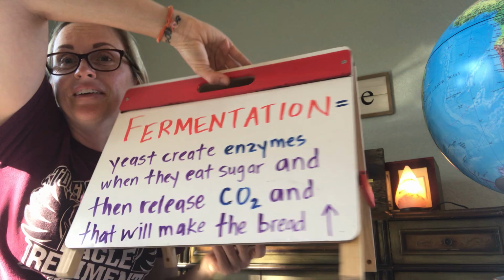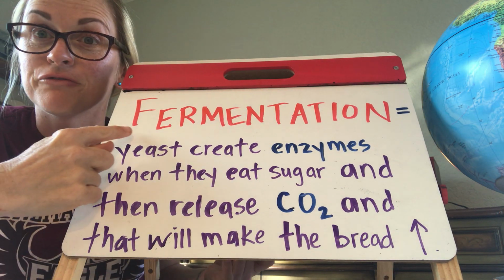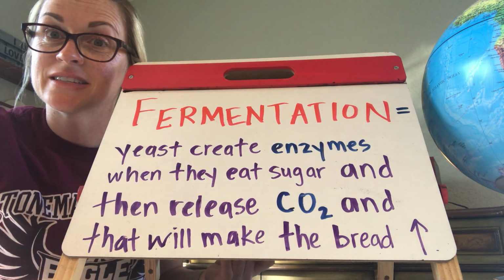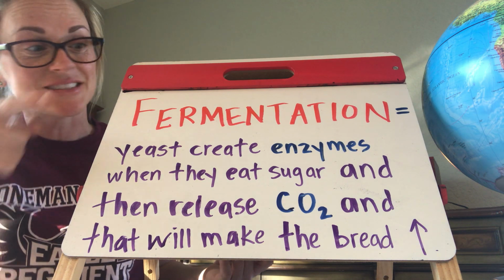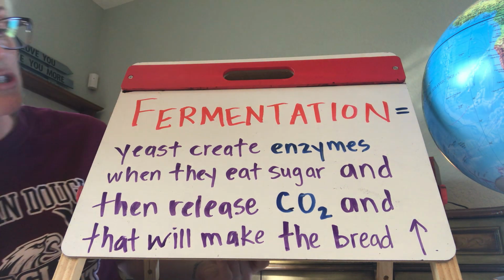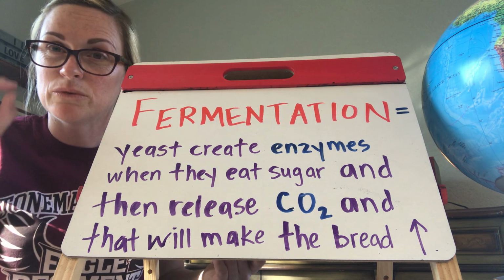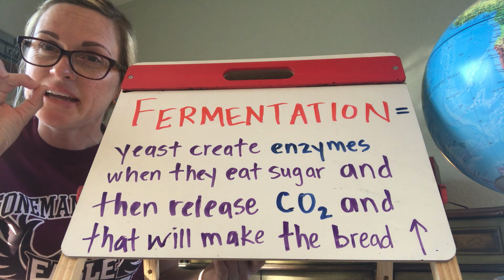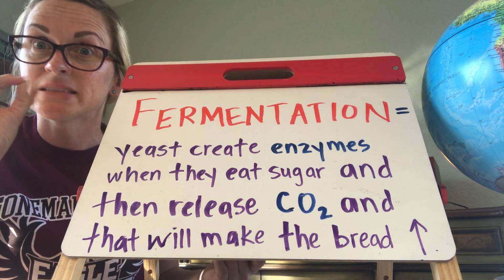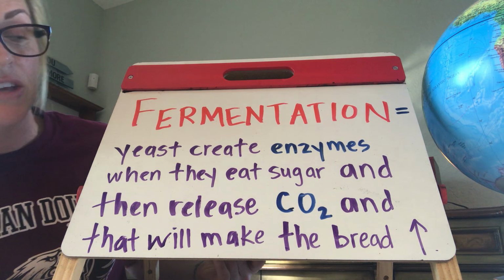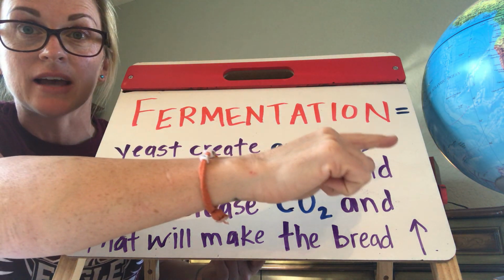It uses something called yeast to help ferment. So I wrote a little definition of fermentation. Today's word of the day is fermentation. Yeast are little teeny tiny living things, and they create something called enzymes.